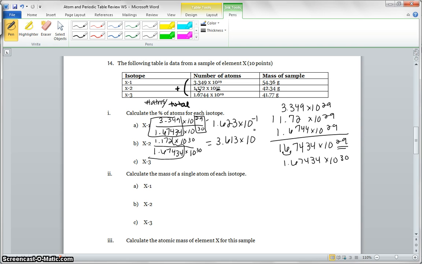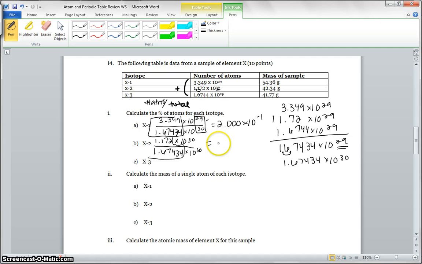Oh, no, wrong answer, sorry. Wrong answer for both of these. Sorry guys, looking at the wrong thing. So you divide these, you should get 2.000 times 10 to the negative 1.